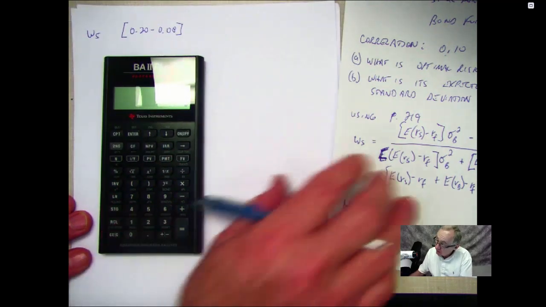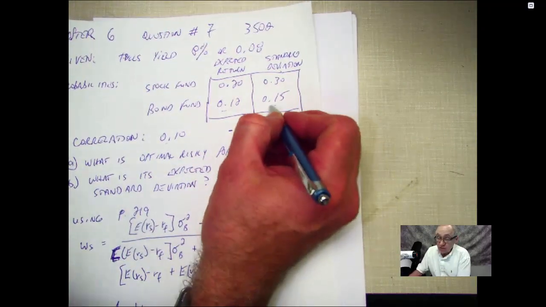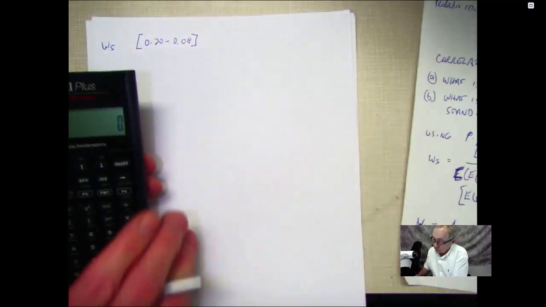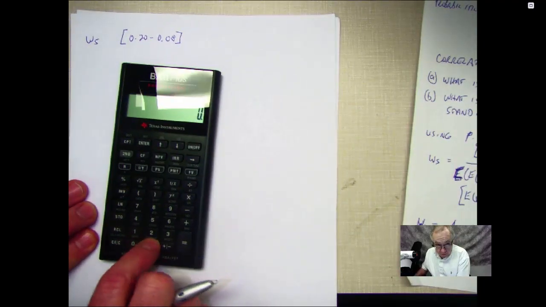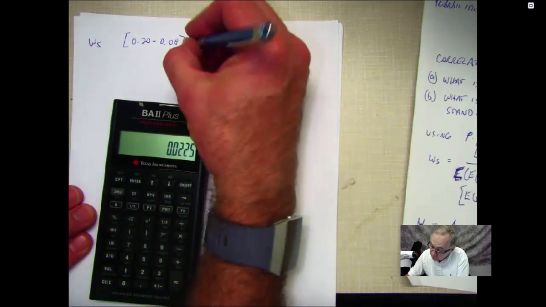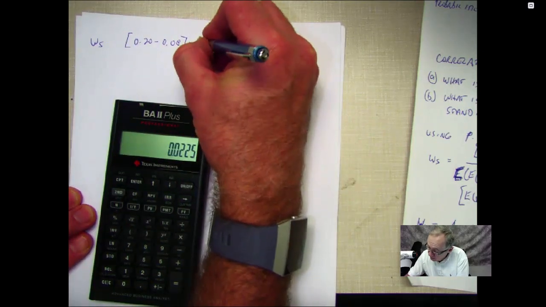So our standard deviation for the bond fund is 0.15. 0.15 squared, 0.0225.